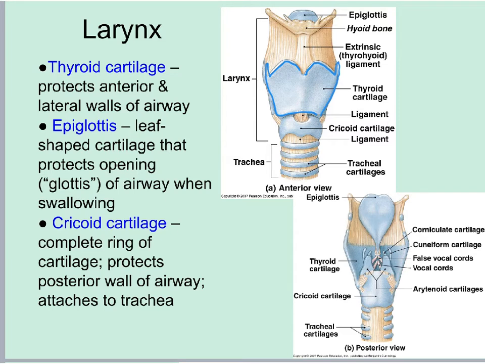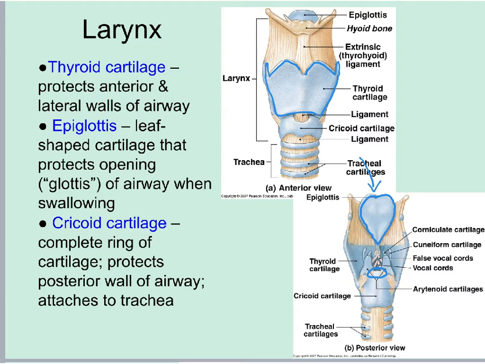The epiglottis, as I mentioned earlier, if we're looking at a posterior view right here, is going to protect the opening of the trachea, which is called the glottis, when you swallow. So remember that when you're swallowing, food is going to pass down, bump that epiglottis, and that epiglottis is going to fold down over the glottis, which is right here, and divert food towards the esophagus rather than the trachea.